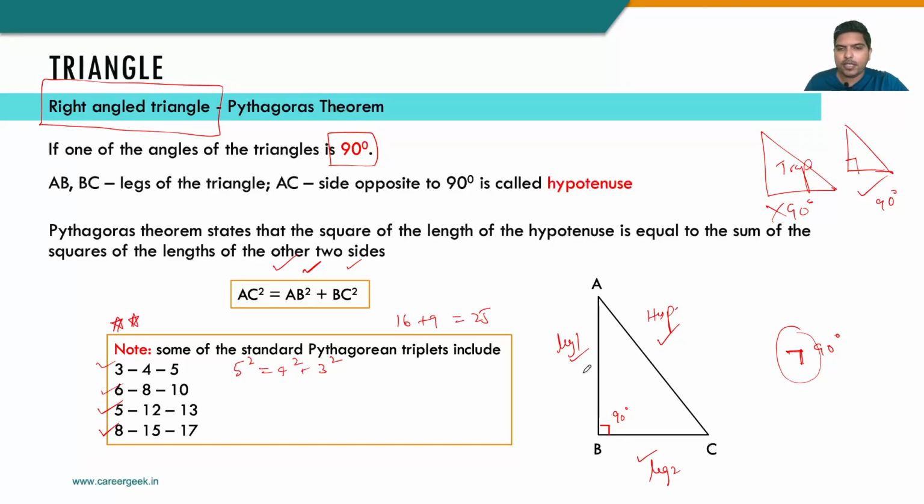So let's say if this is given as 10 and 6, you will know that this is 8 automatically because that is a triplet, 10 being the hypotenuse. So this is about right angle triangle and Pythagoras theorem.